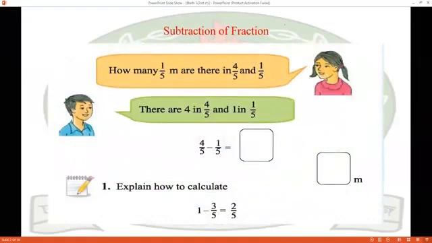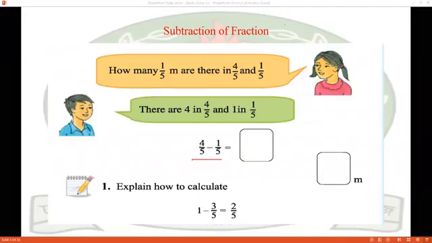How many 1 by 5 meter are there in 4 by 5? There remain 4 in 4 by 5 in 1 by 5. So we simply subtract it.